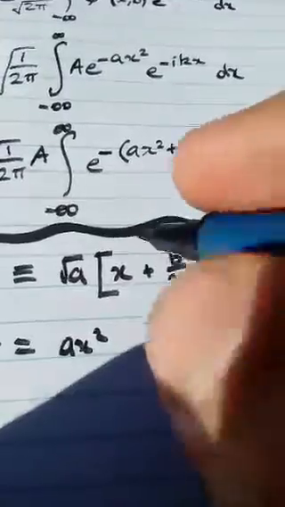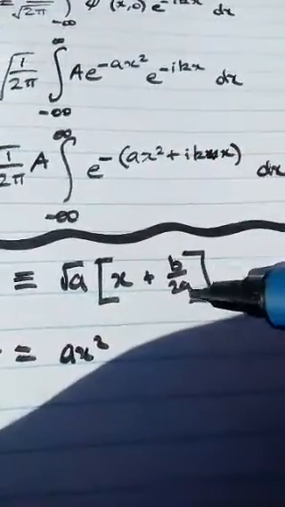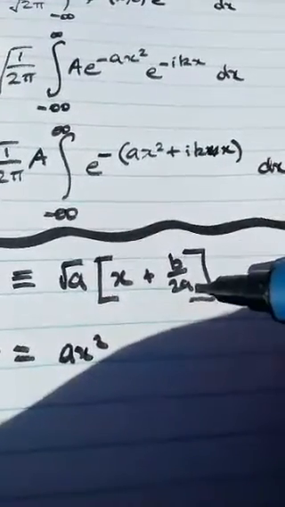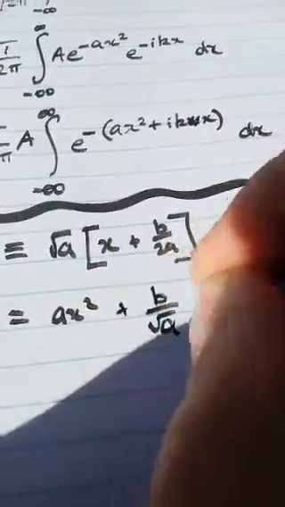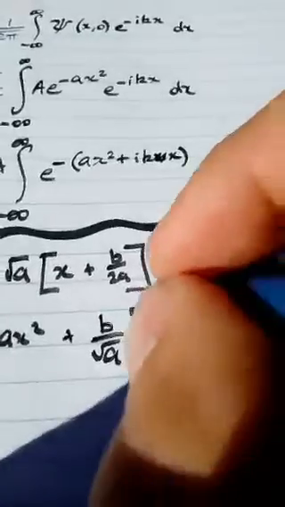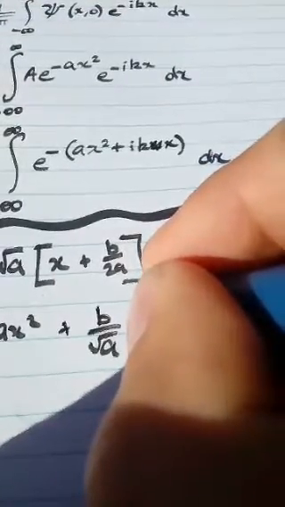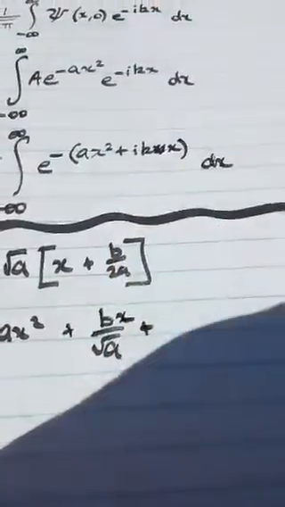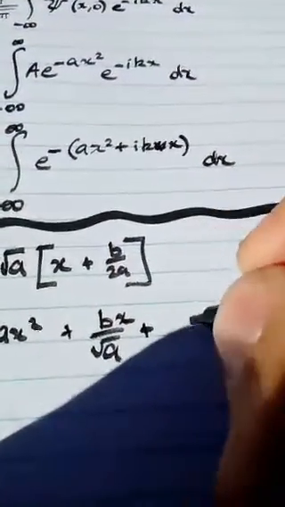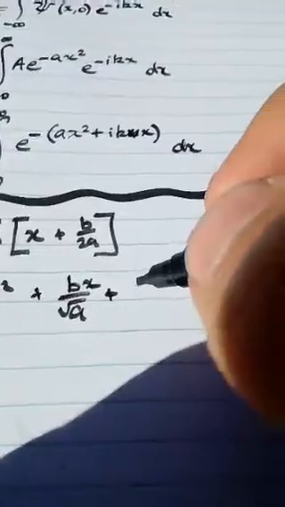So ax squared plus, and then that becomes b over root a x. What have I done wrong?